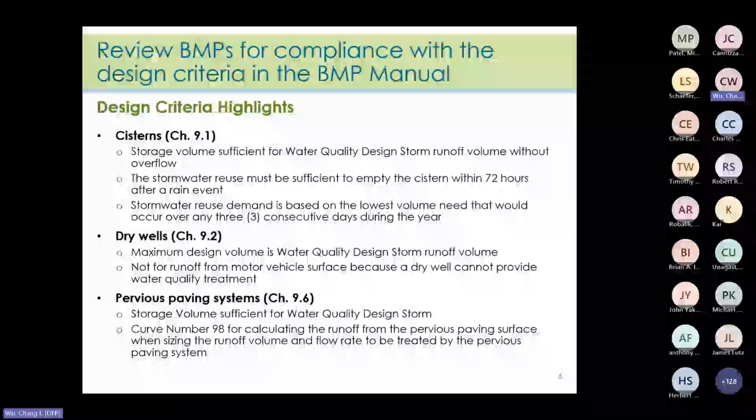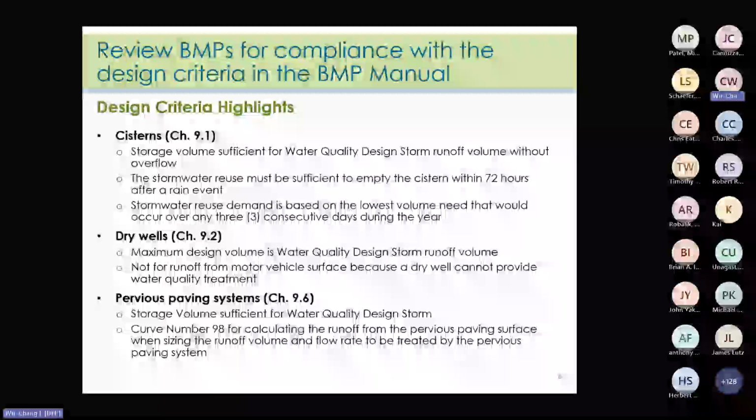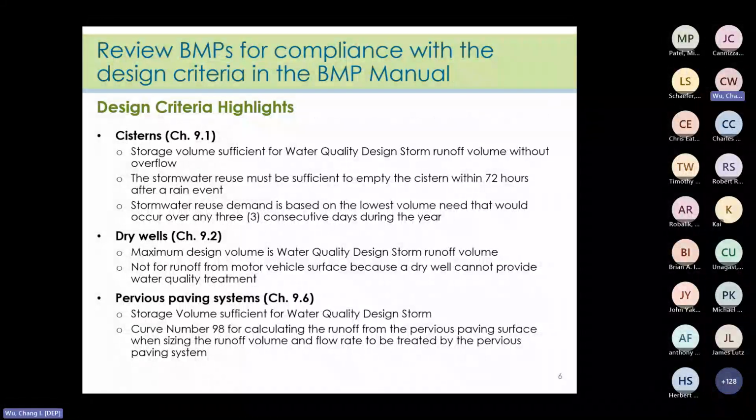The next one is the pervious paving system. If you design a pervious paving system, the storage volume needs to be at least equal to the runoff of the WQDS.